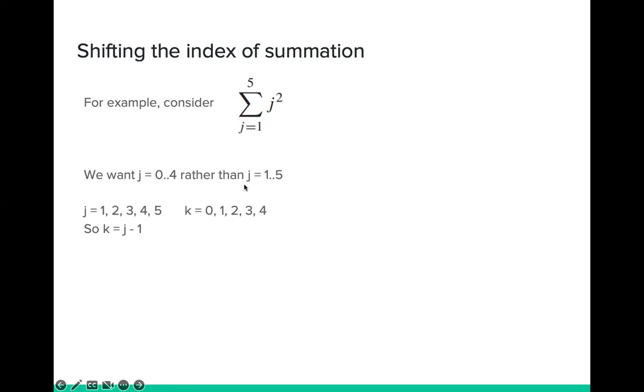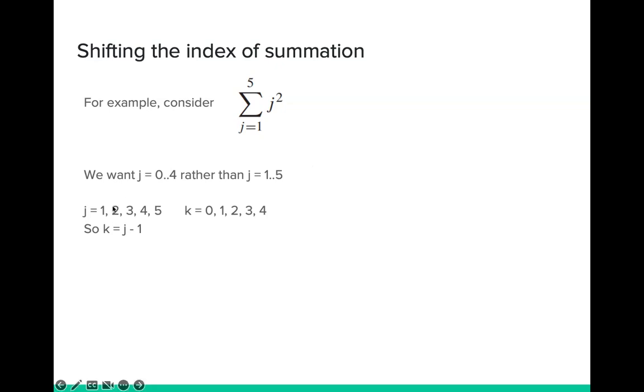So, but what we actually want to do is to shift the indices. Rather than the lower limit and upper limit as 1 to 5, we want the j to be 0 to 4. So we are shifting the index of the summation by 1.